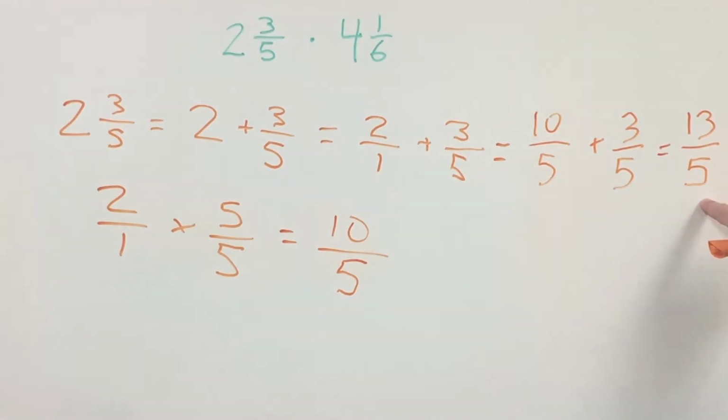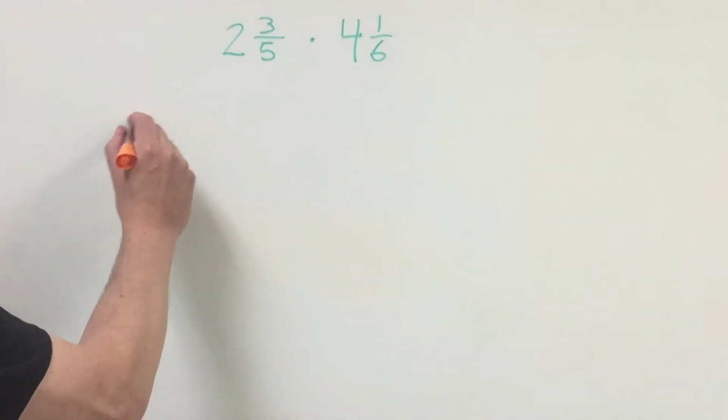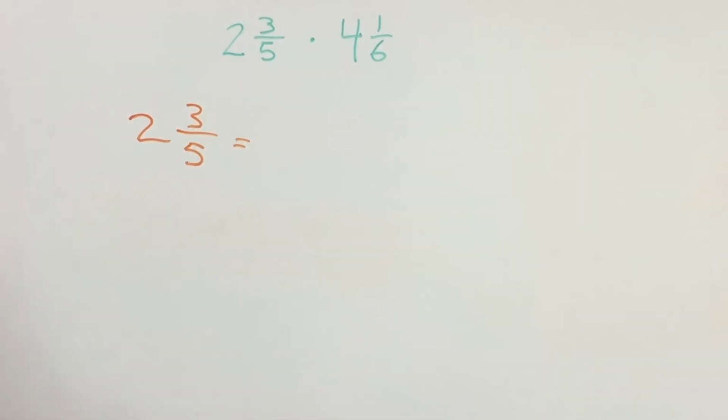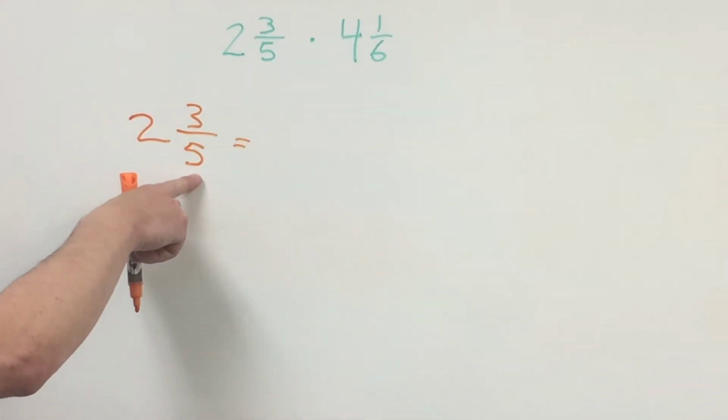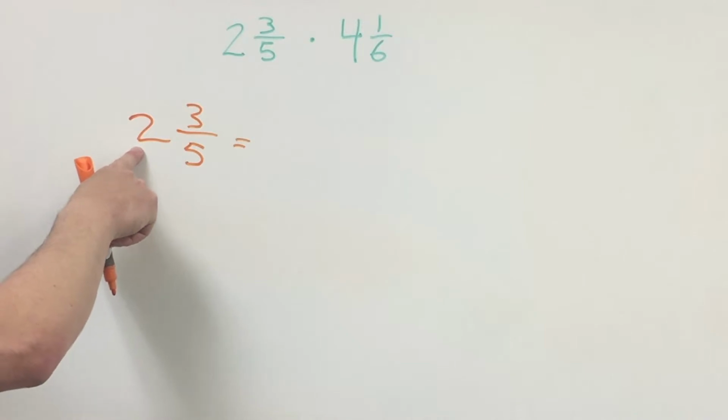13/5, an improper fraction. What we just did may seem a little complicated, but it suggests a pretty easy shortcut. We can take 2 3/5 and turn it into 13/5 by multiplying the denominator of the fractional part by the whole number. 2 times 5 to get 10.